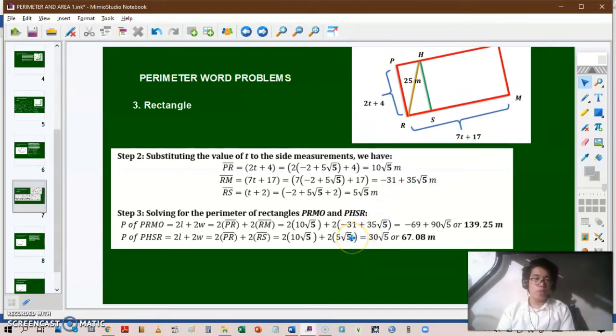Since PRMO is bigger, it's going to be negative 31 plus 35 square root of 5, and for PHSR it's going to be 5 square root of 5, and therefore we get their values. The perimeter for rectangle PRMO is 149.25 meters, and the perimeter for PHSR is 67.08 meters.